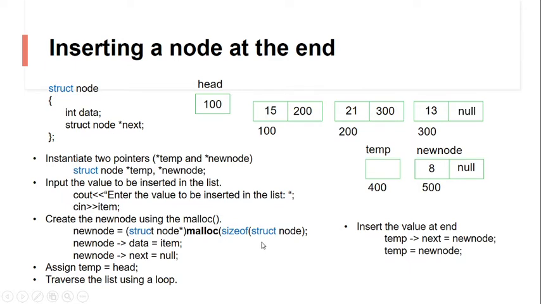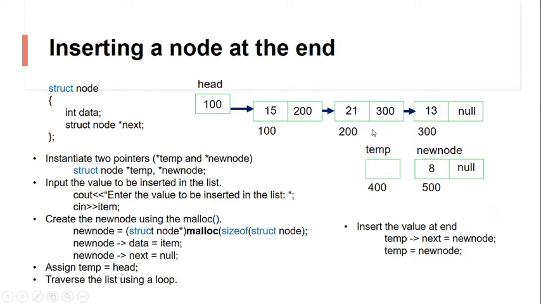Same thing with inserting a node at the end. Currently we have here only 3 items on the list, which are 15, 21, and 13. 13 was the last node. We will be inserting 8 as the new node, right after 13.